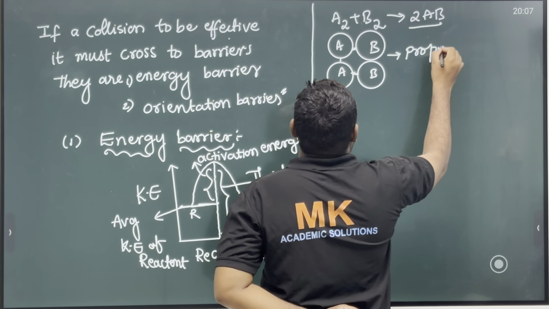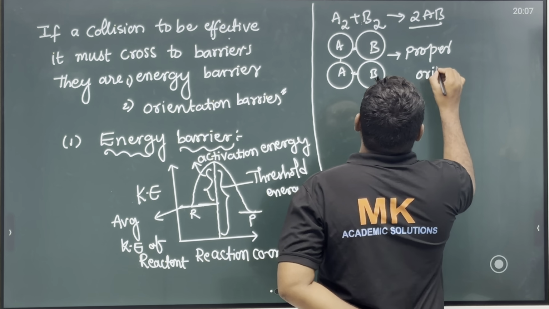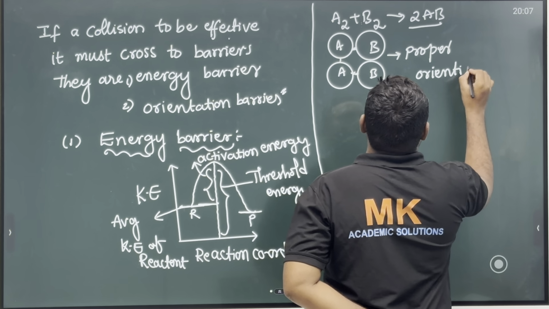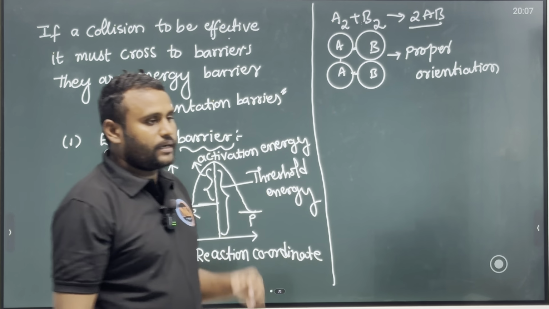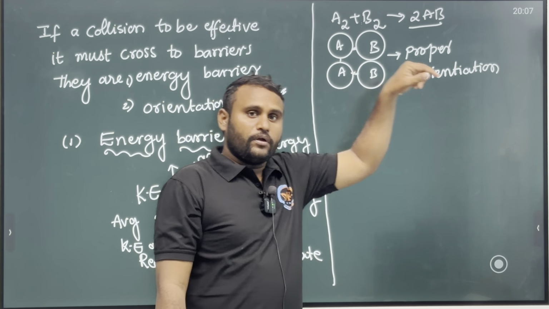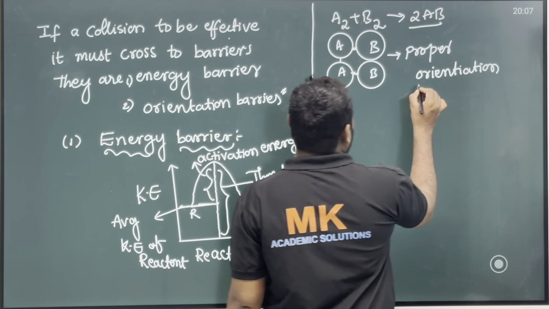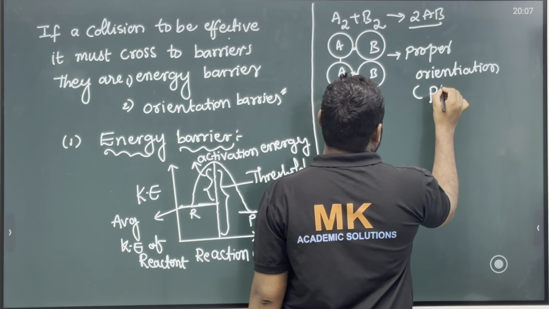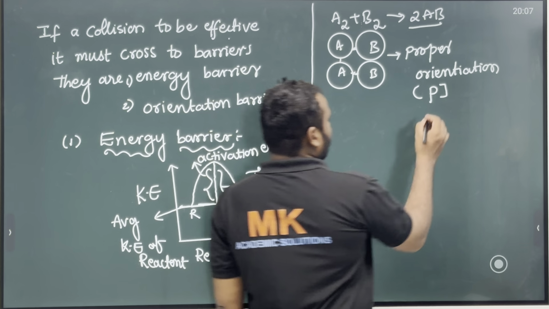Proper orientation. When the reactant molecules collide like this only, they are going to give the product. We can indicate it with the P. Here P is called the orientation factor.